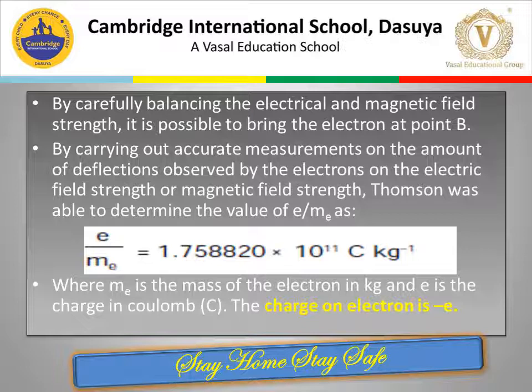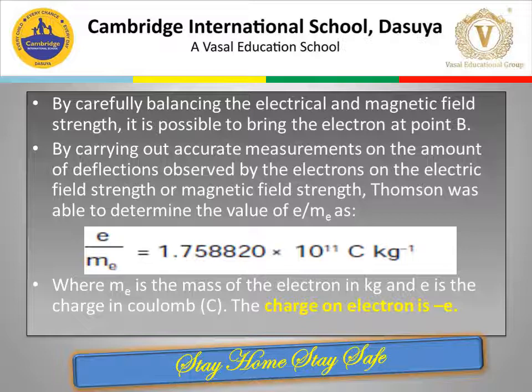By carrying out accurate measurement of the amount of deflection observed by the electron on the electric field strength or the magnetic field strength, Thomson was able to determine the value of charge upon mass ratio, and it was calculated as equal to minus 1.758820 into 10 power 11 coulomb per kg, where m_e is the mass of electron in kg and e is the magnitude of charge on the electron in coulomb.